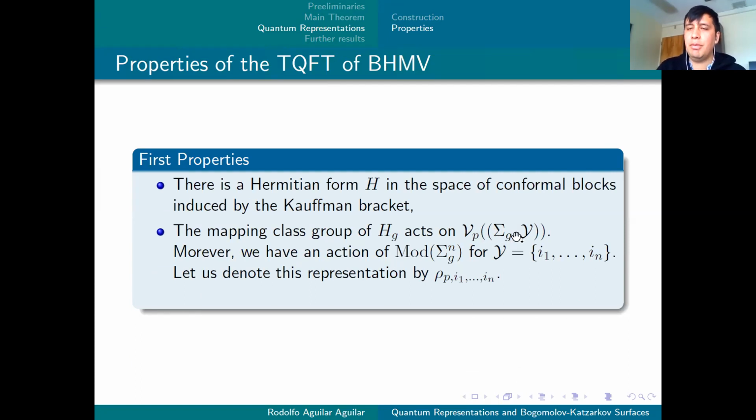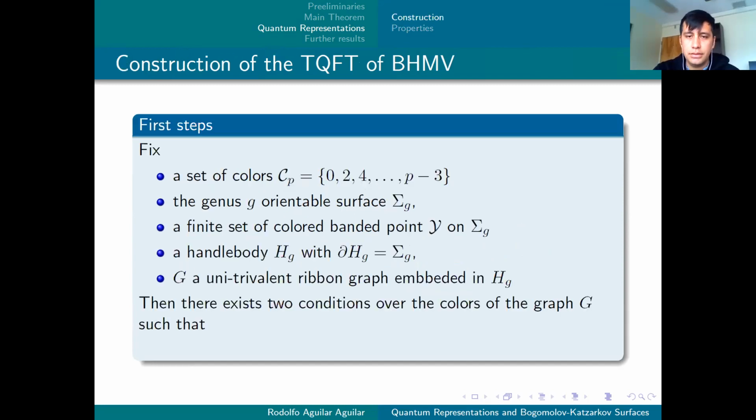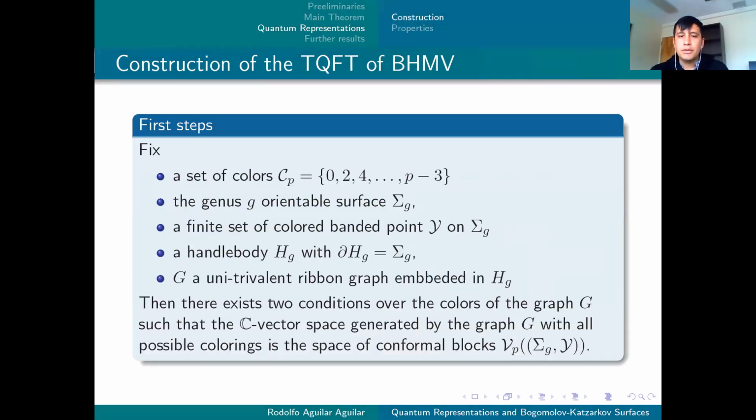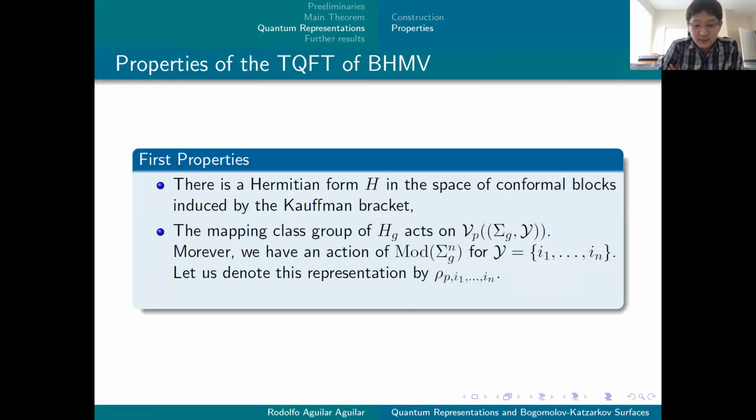So you will have a representation of the mapping class group, this rho, in a general linear group. And you have it by acting on this space of conformal blocks. Oh, I see. So that's the role. It is the space where this representation acts. I see. Of course, it is connected in some other sense and interesting because... I see. Thank you.